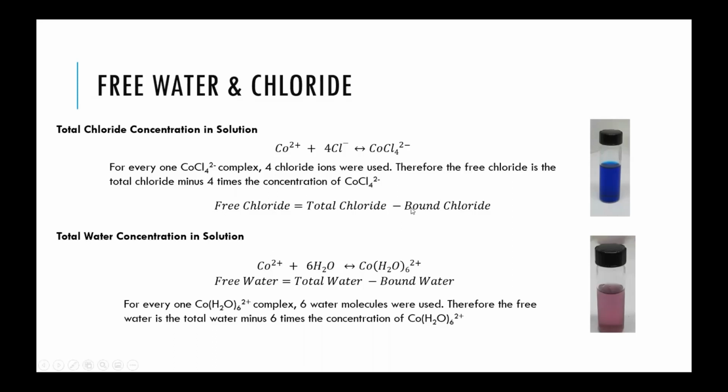So you know from the initial concentration the total amount of chloride and the total amount of water. This is the initial concentration. It can't be any more than that. Some of the chloride and some of the water is being bound to the cobalt and taken away, so it's no longer free floating around.